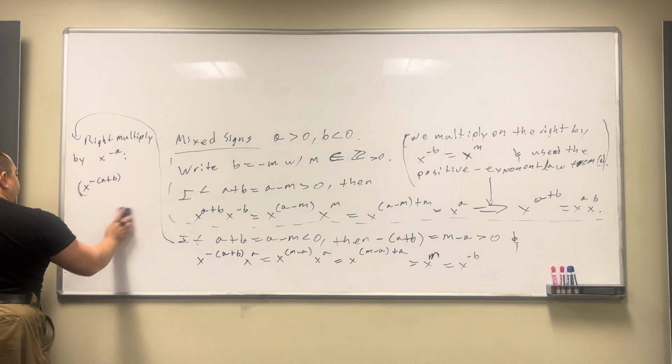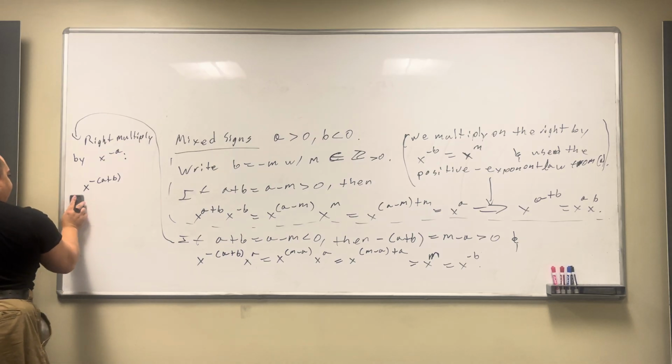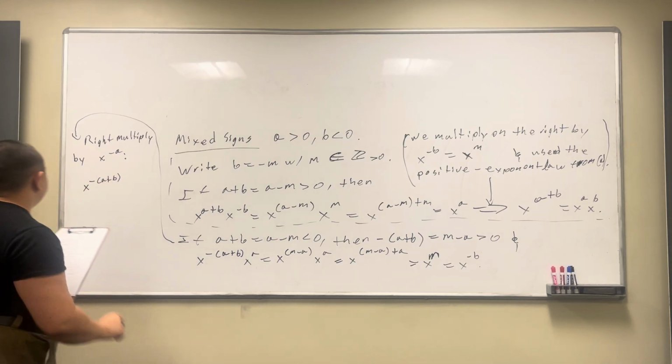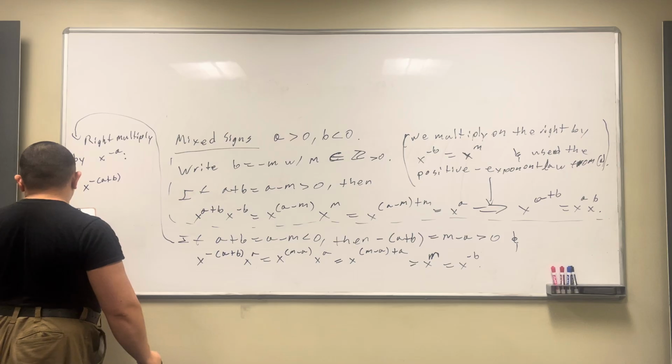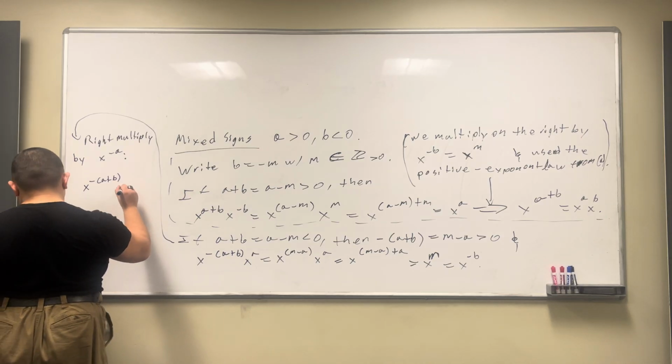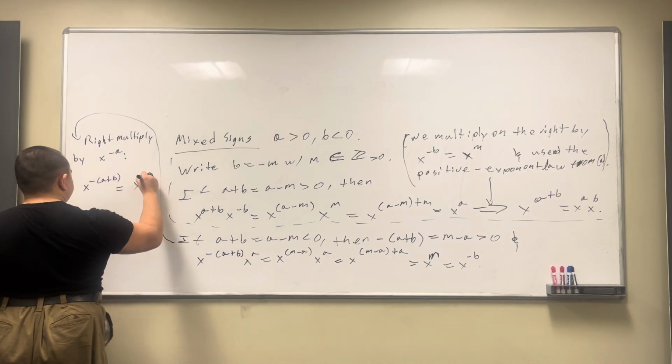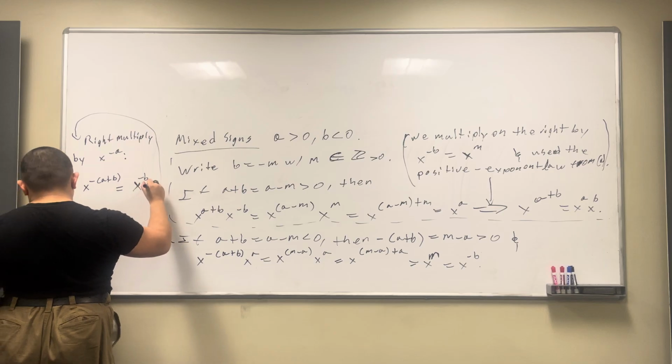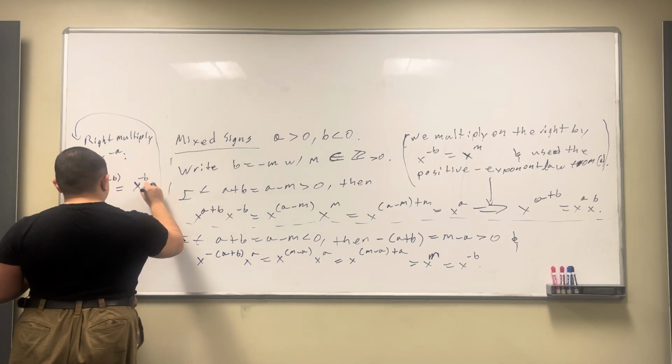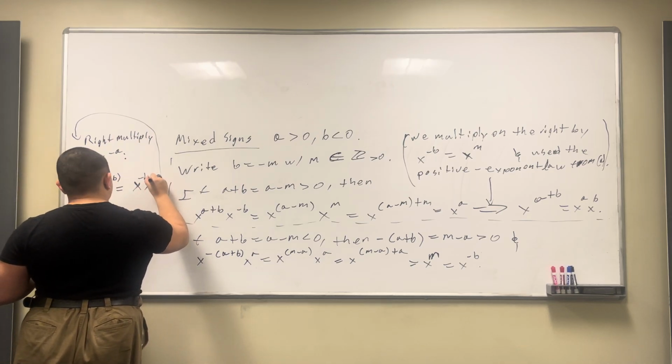Okay. x to the power of negative (a plus b) is equal to x to the power of negative b times x to the power of negative a.